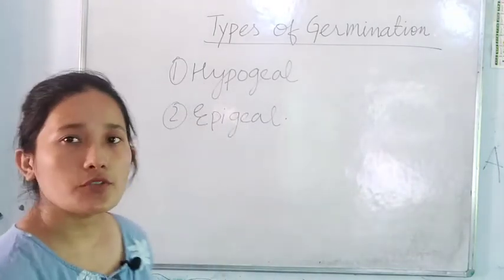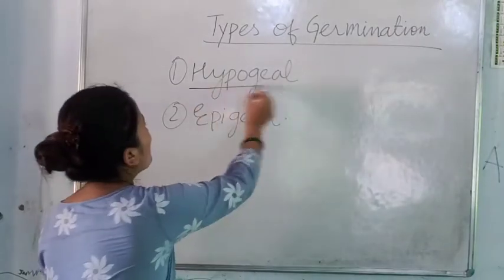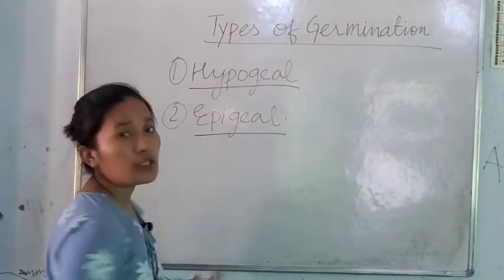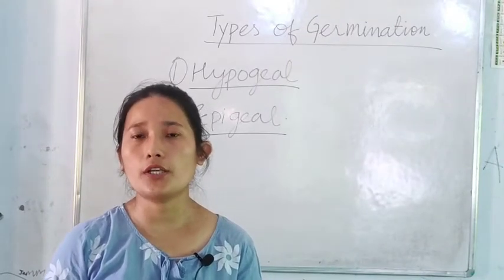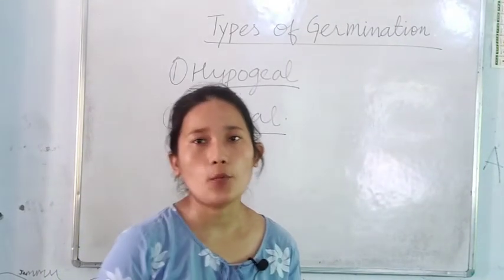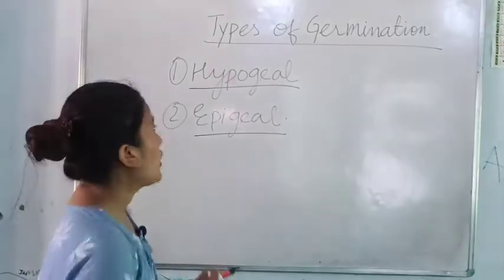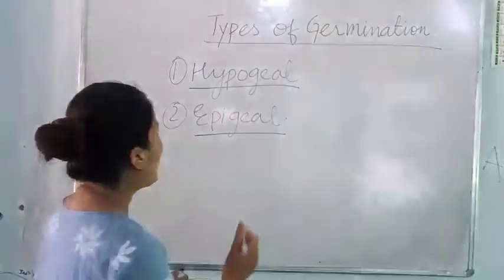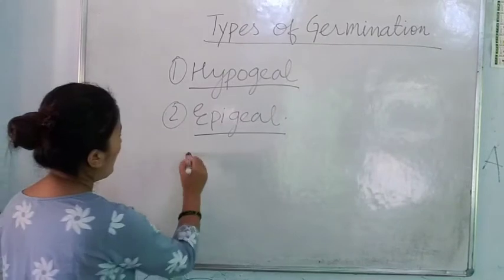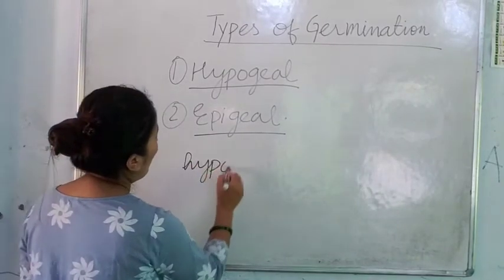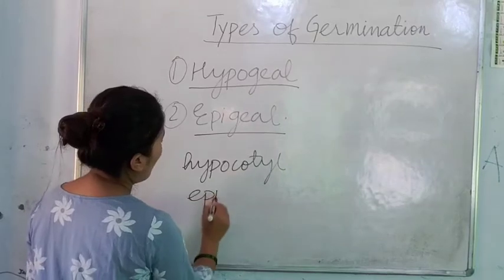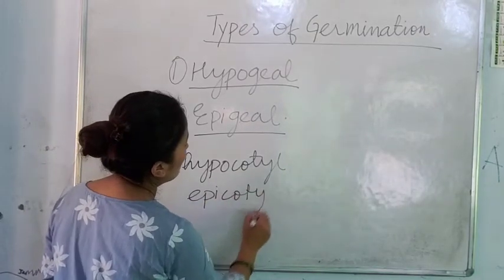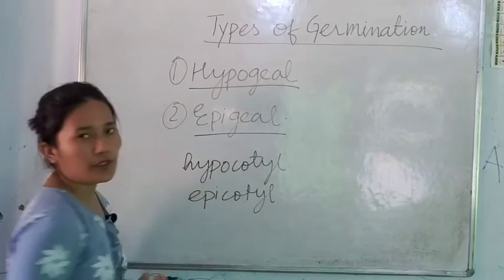Now there are two types of germination, hypogeal germination and epigeal germination. Before going on to hypogeal germination, I want you to be clear with four terms, that is hypocotyle, epicotyle, hypogeal and epigeal.